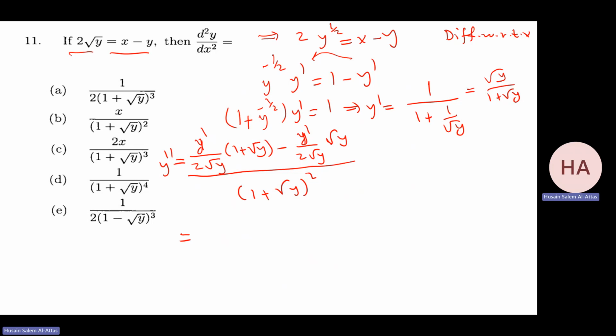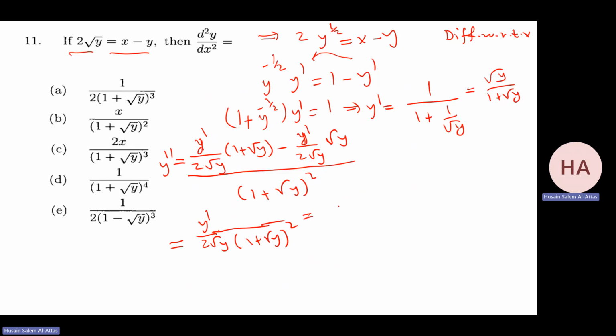In the numerator, very clear, I have y prime over 2 root y as a common factor. The remaining is what? 1 plus root y minus root y times 1. So that times 1 plus root y all squared. What is y prime?